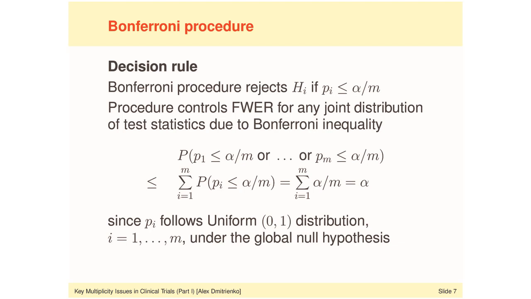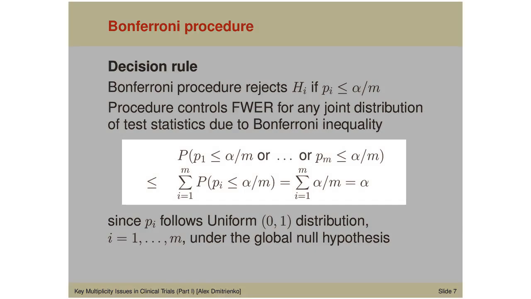The individual tests are no longer carried out at the full alpha. This will lead obviously to error rate inflation. They need to be carried out at a fraction of alpha. And the decision rule of the Bonferroni procedure is based on simply dividing the overall alpha by the number of tests or the number of null hypotheses in a given multiplicity problem.